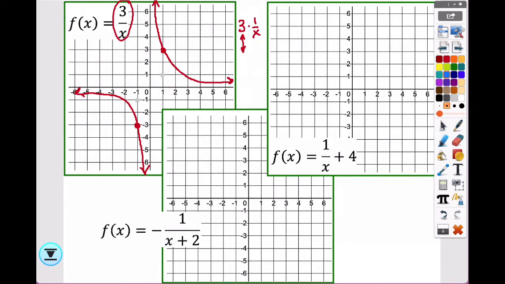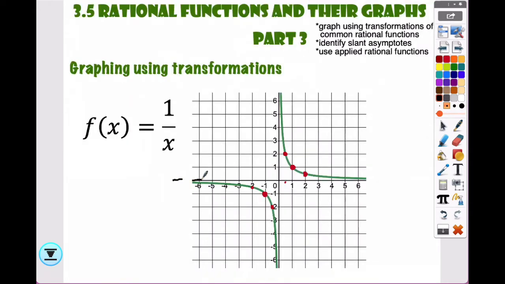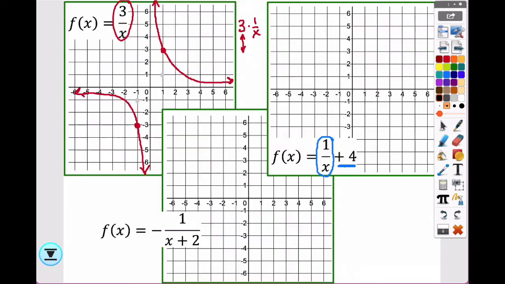We'll try another one here. This time we have our basic function plus 4. So that plus 4 is not happening to the x value but to the entire function, so that's a y plus 4. It's going to move everything up 4 units. Now originally the graph had an asymptote at y equals 0 and a vertical one at x equals 0. So when we do a translation 4 units up, our new asymptote will be 4 units up.